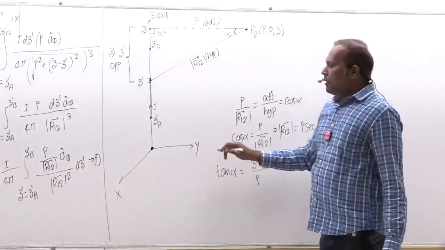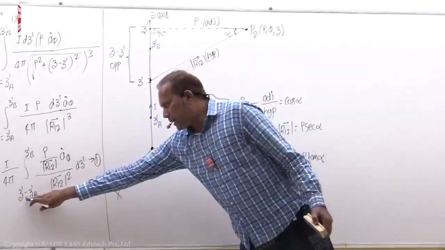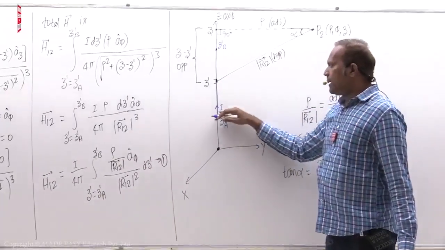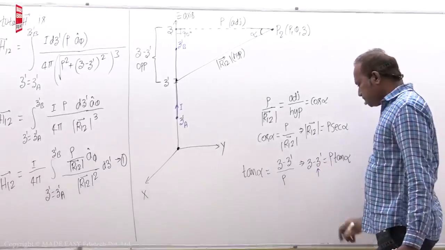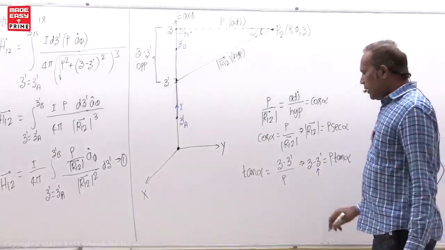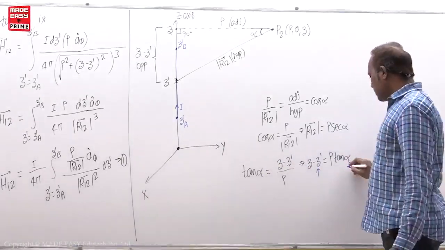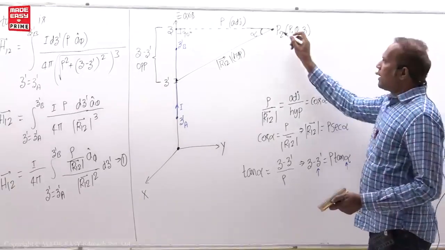Here in the integration, z dash is the variable. This z dash is varying from z dash A for point A to z dash B for point B. So here z dash is variable. If you vary z dash, then the angle also varies. So this is the variable now. But the field location is constant.